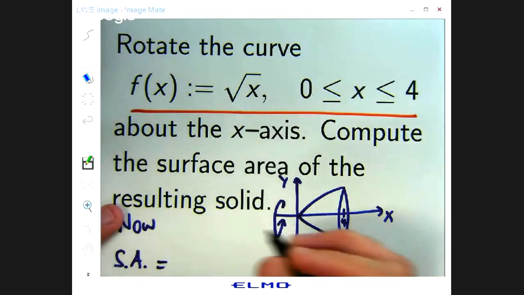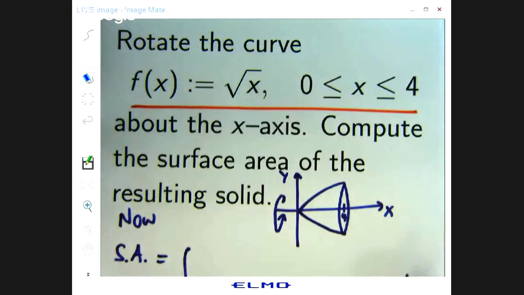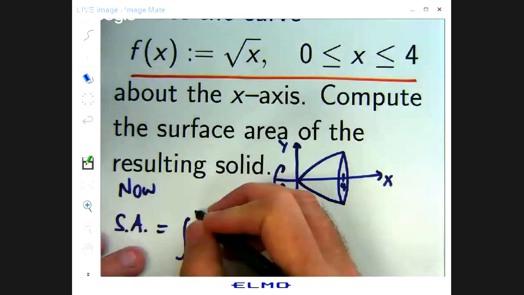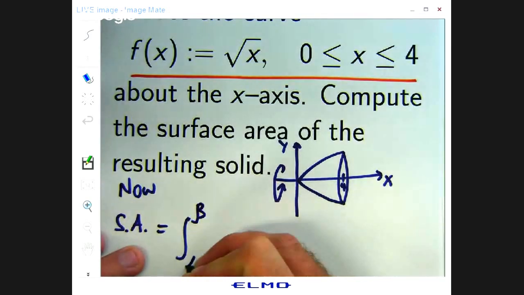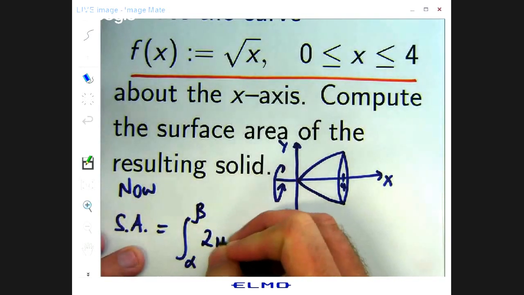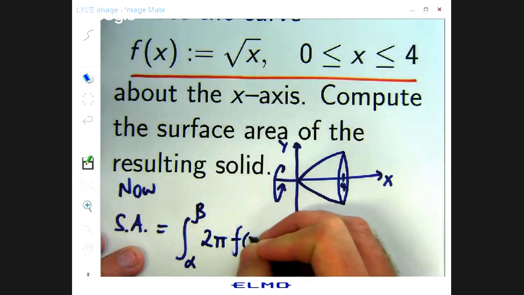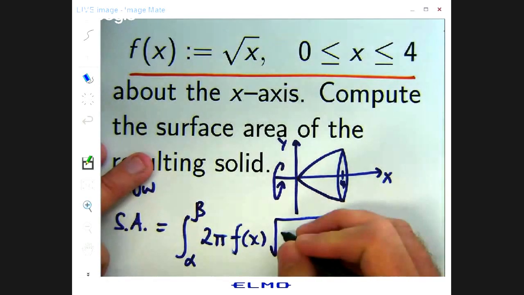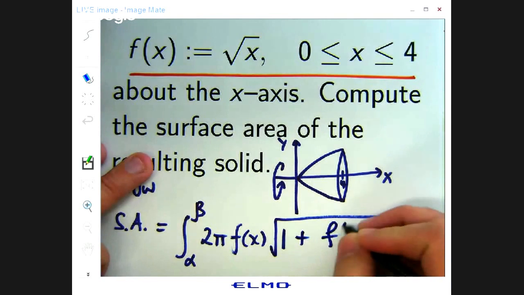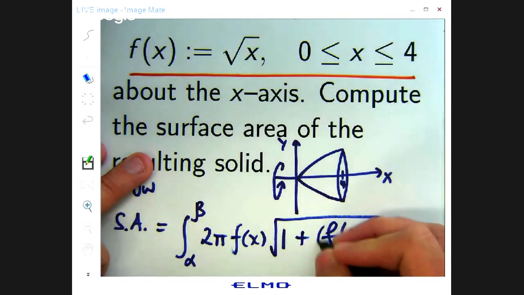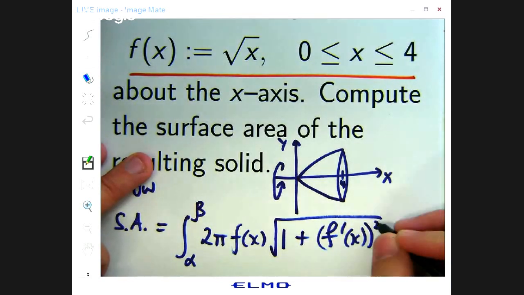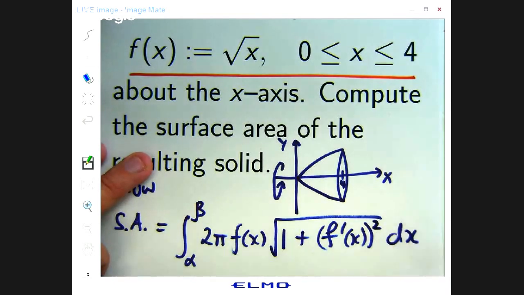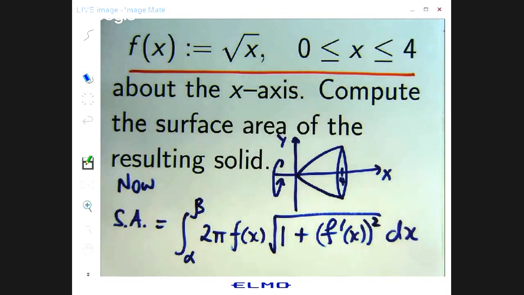Now, the formula is the following. Given a function, f of x, that's rotated about the x-axis, the formula for the surface area of the solid is this.